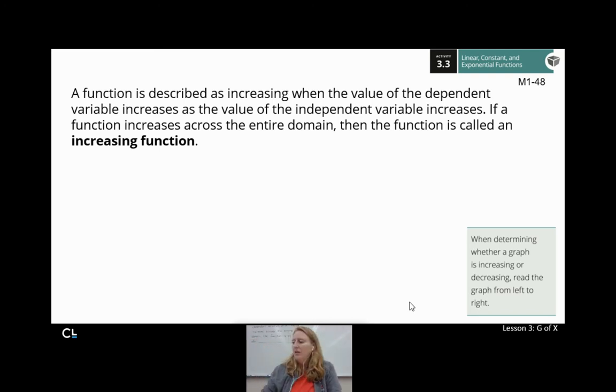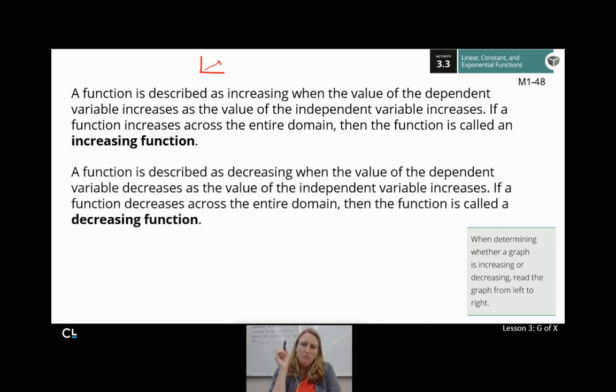So this is what we're saying on our graph: as my independent variable goes up, my dependent variable goes up too. So everybody's going up. Yay, then we're increasing.